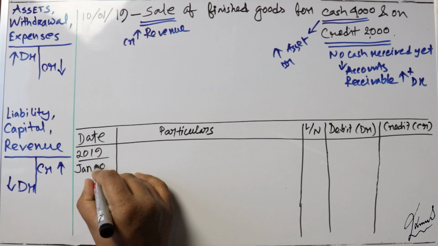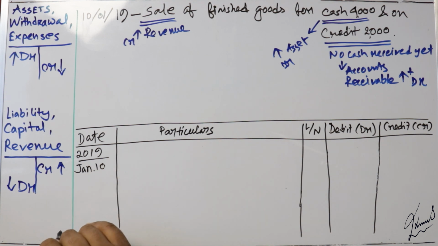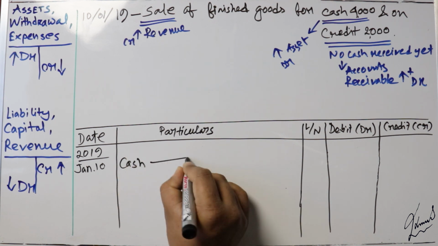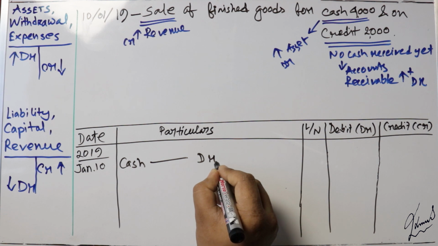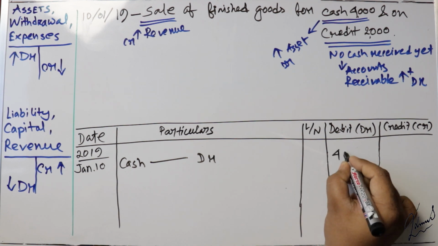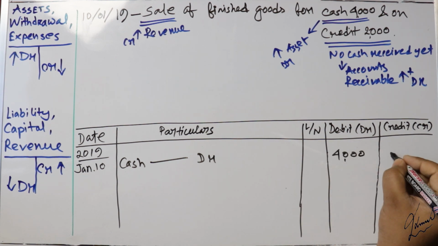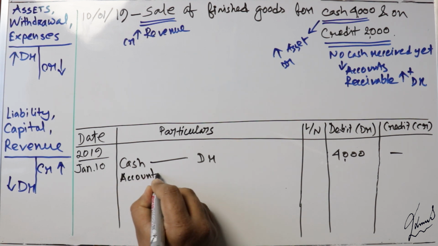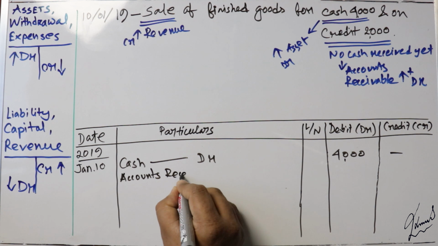So here also, put the date first, then both the debit accounts. Here we have two debit accounts. One is cash, that is worth 4,000. Then accounts receivable, that is also debit, and the amount is 2,000.